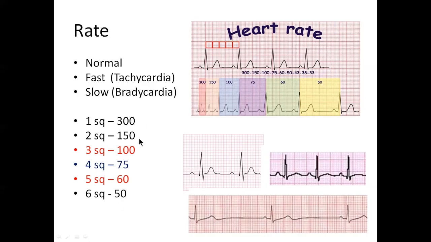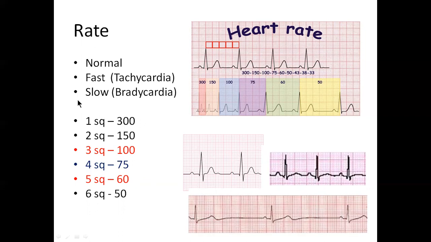So it's 300, 150, 100, 75, 60, 50. What you do is you find the first QRS and you start saying to yourself 300, 150, 100, 75, 60. So the heart rate here is 60 beats per minute.